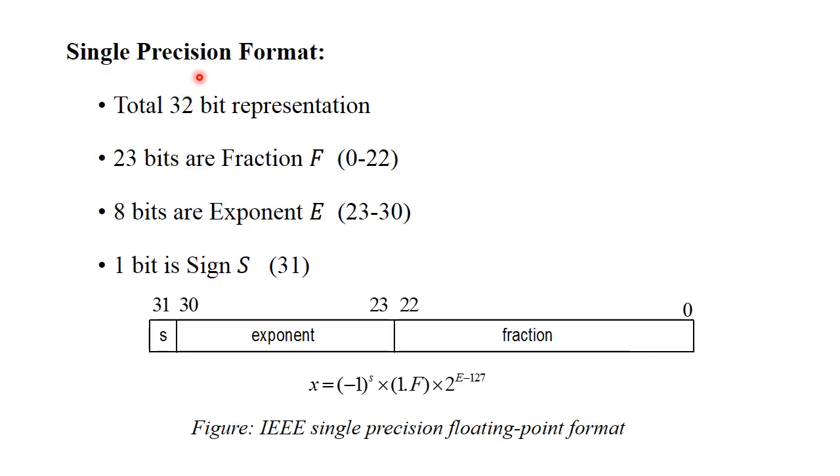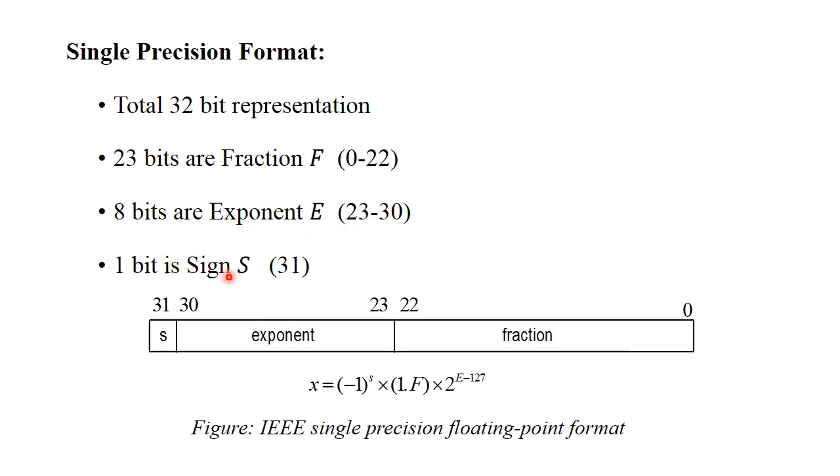Let us take the single precision format. In this one we are going to have total 32-bit representation, out of which 23 bits are fraction representation, that is the f value 0 to 22. So here we can go through the diagram. Then 8 bits of exponent e 23 to 30.